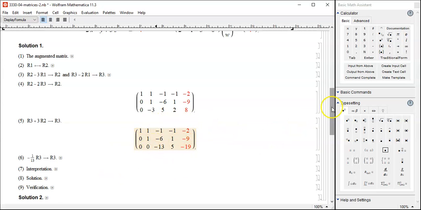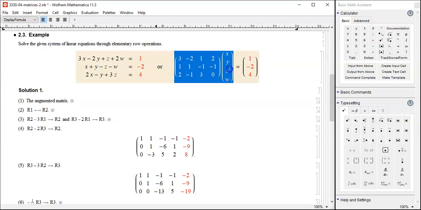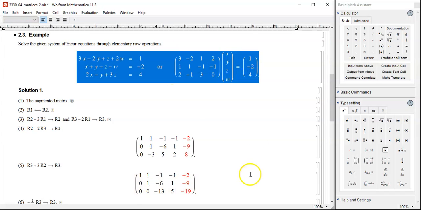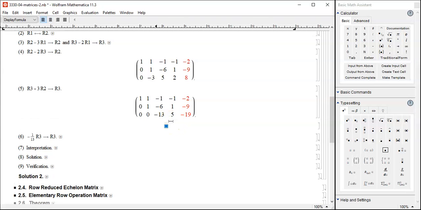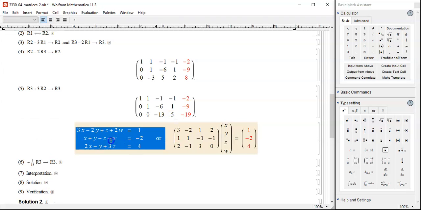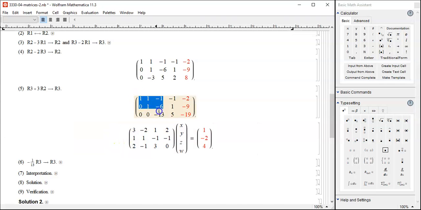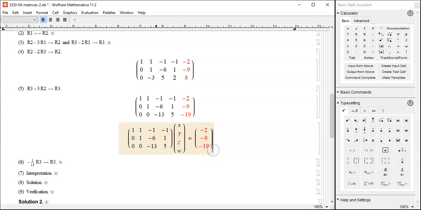And what is this? That last expression is equivalent to this. This is always the right-hand side. So we got up to here.